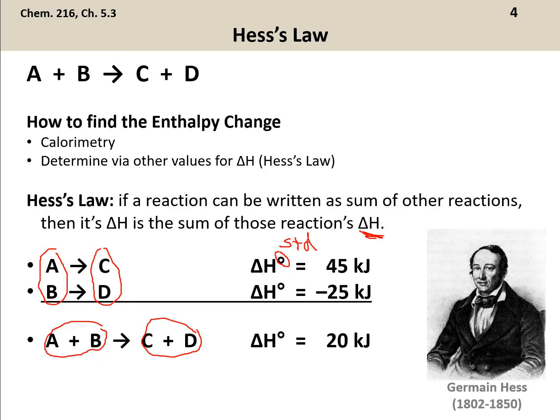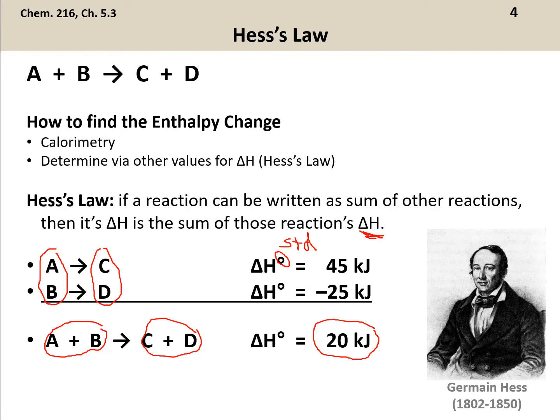But reactants are reactants, products are products. And notice what happens with my delta H. I have 45 kilojoules for this first reaction, negative 25 for the second. I sum up those two reactions, I get 20. This is Hess's law. Now, this is a very simple one. We're going to do some harder ones in a little bit.